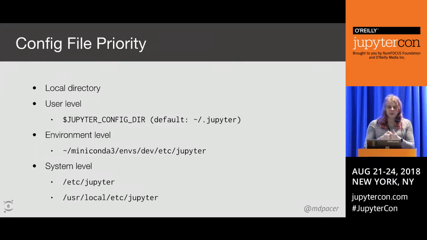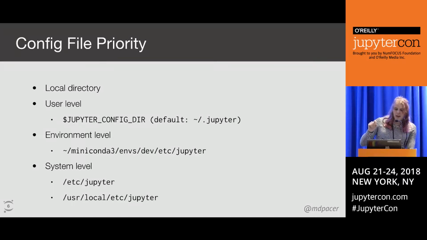What's going to have the highest priority is your local directory. So if you have a config file where the name matches in your directory, that's going to be what's read in. After that, you have a user level config, which is actually set via an environment variable, JUPYTER_CONFIG_DIR, which defaults to your home .jupyter.